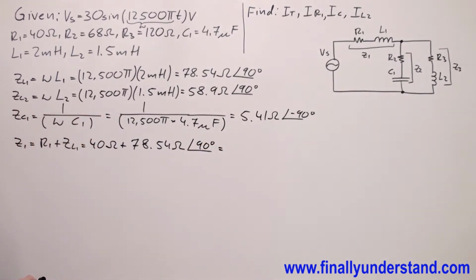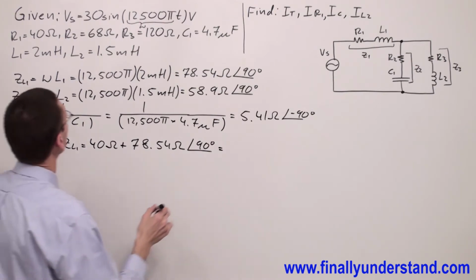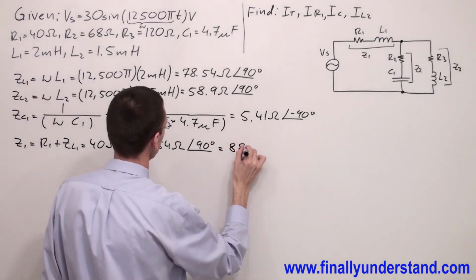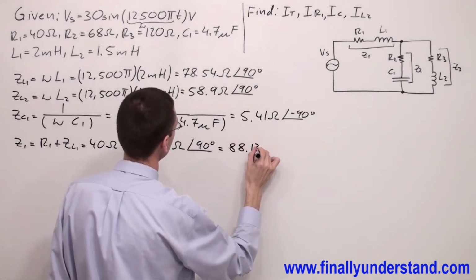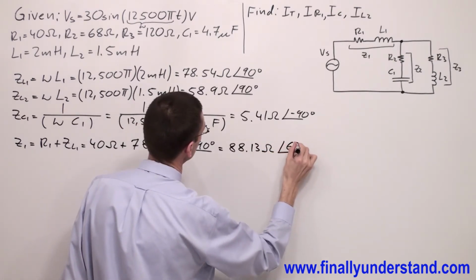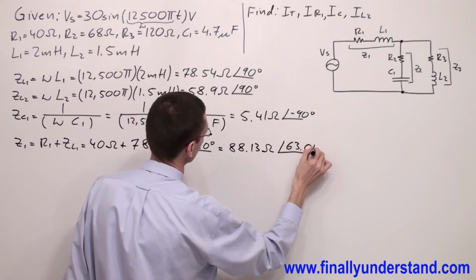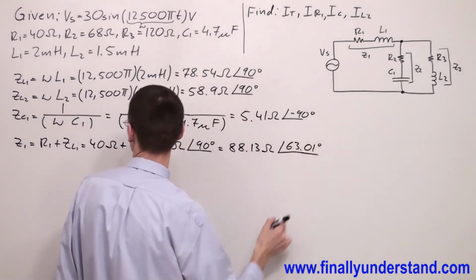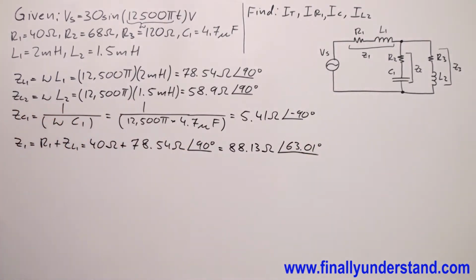This is equal to 88.13 ohms and angle of 63.01 degrees. Okay, so this is my Z1.